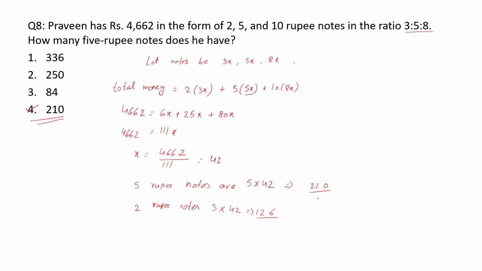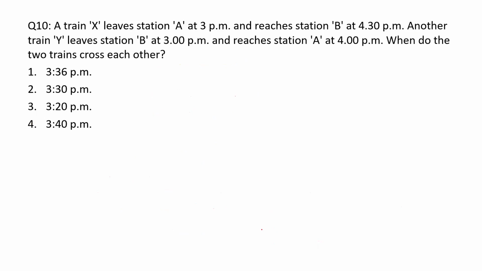So how many 5 rupee notes is Praveen having? 210. How many 2 rupee notes is he having? 126. Similarly, you can calculate 10 rupee notes also. It is in the portion of 8, no? So 8 into 42. Whatever it is, that will be the number of 10 rupee notes. Next problem.